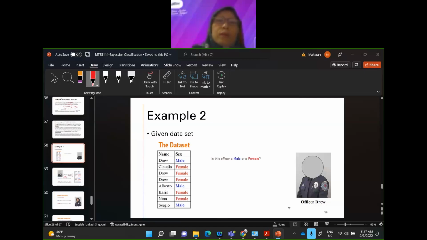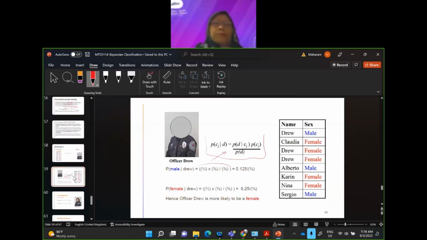You can predict an officer with the name Claudia, where we are not sure whether it's female or male. So the probability is 0.125 for Drew being male.